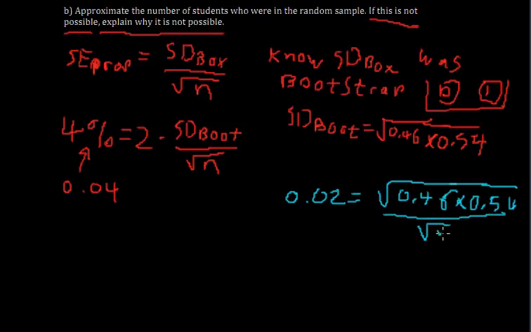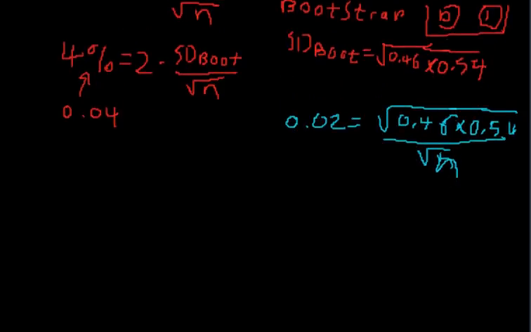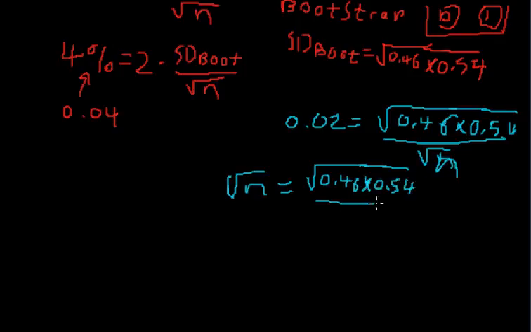Now I can multiply both sides by square root of n, and divide by 0.02, so I get square root of n equals the square root of 0.46 times 0.54 divided by 0.02.